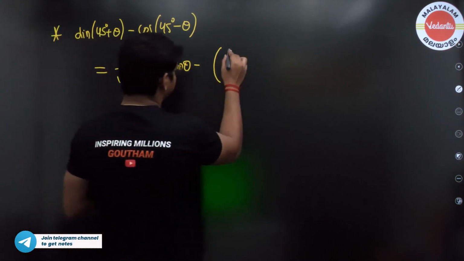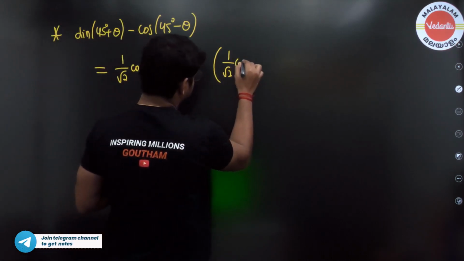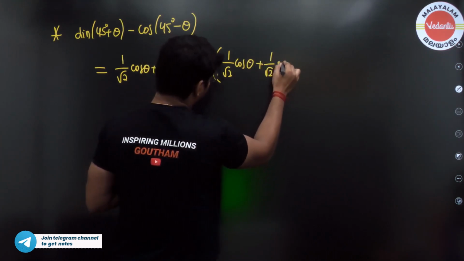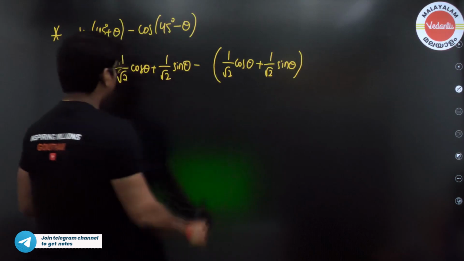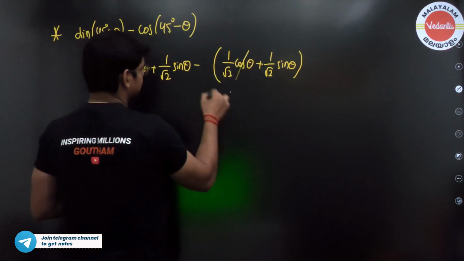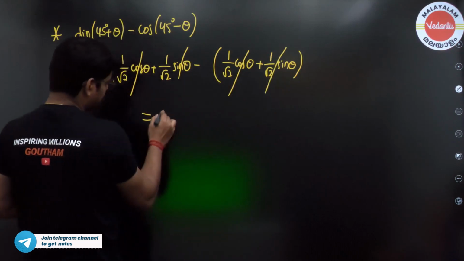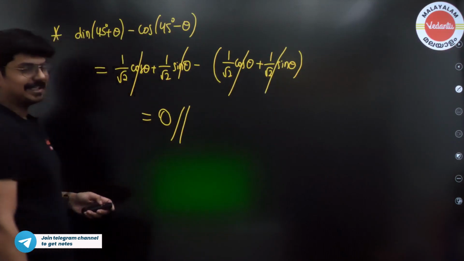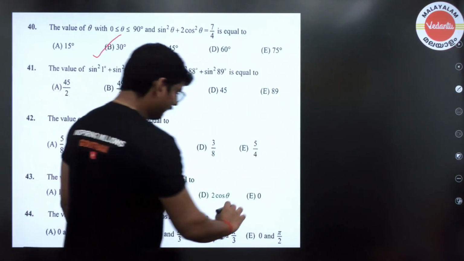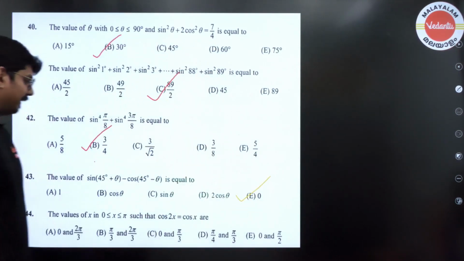Cos a cos b, that is 1 by root 2 cos theta, and plus 1 by root 2 sine theta. And if you observe this, guys, the terms are getting cancelled, and the result is simply 0. And do we have an option here? Yes, option E is going to be the right answer here.